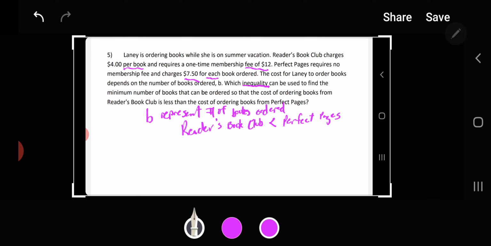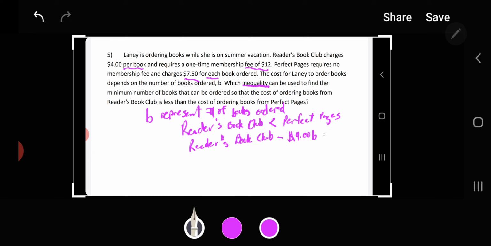All right, well, the cost for Reader's Book Club can be represented with the following. Once again, it's $4 per book. Again, per book, we don't know how many books, we're going to represent that with B. So $4 times B, depending on how many books she rents. $4 for every one.